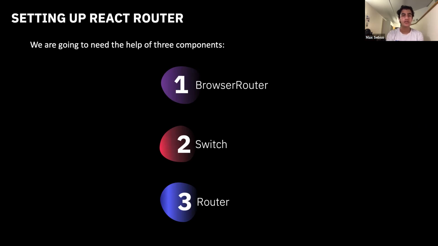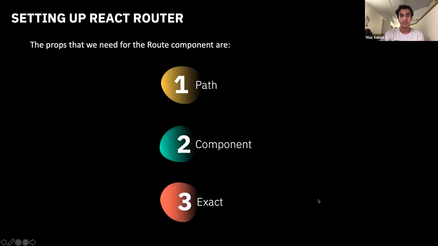For this, we're going to use 3 different components from the React Router library: browser router, switch, and route. Sorry, that's a typo on the slide; the third component should be just route. The props we're going to need for these components are path, component, and exact.